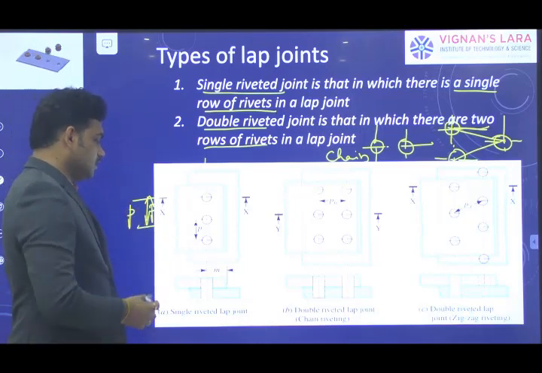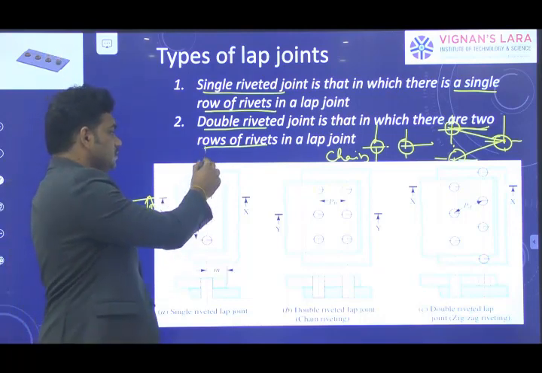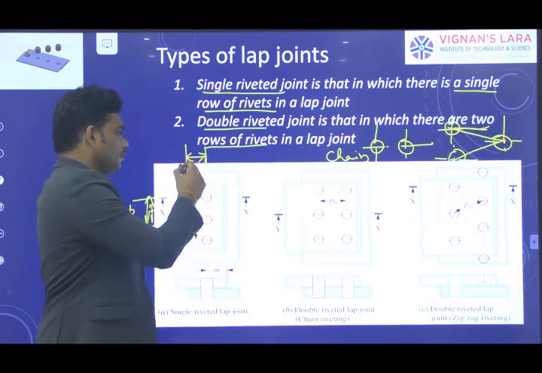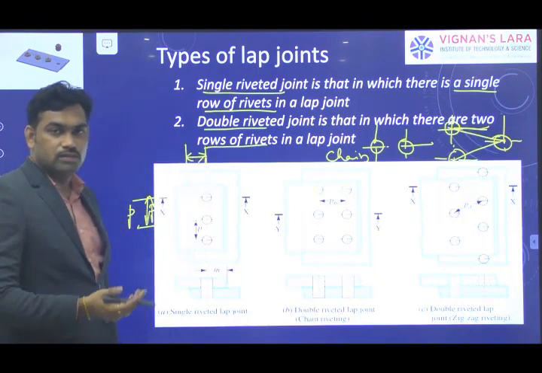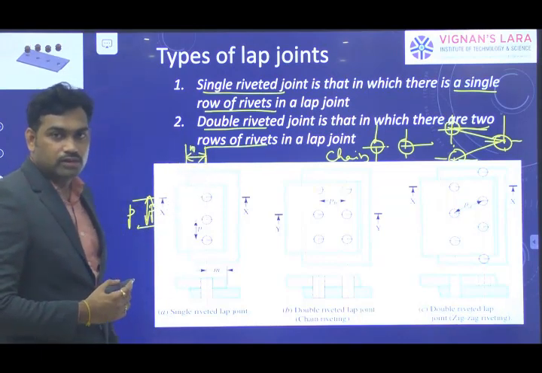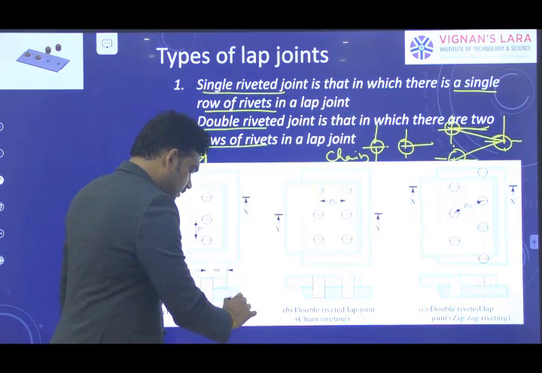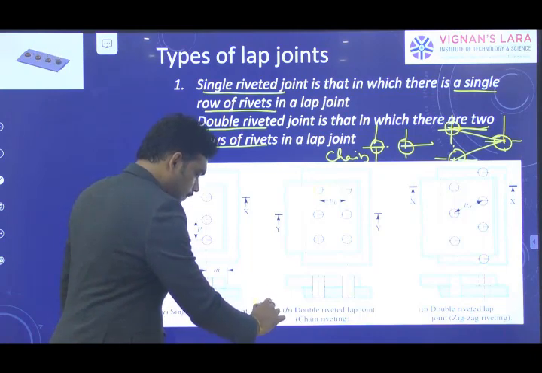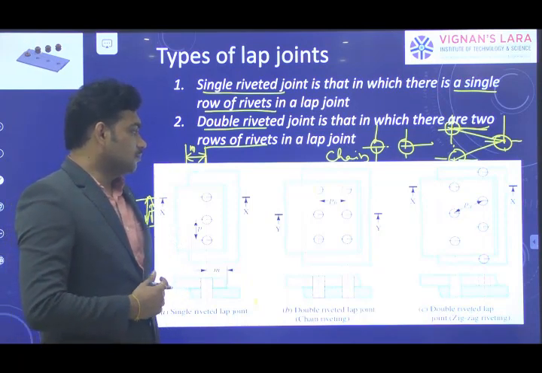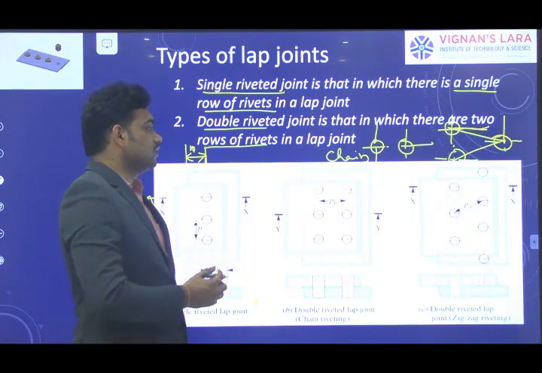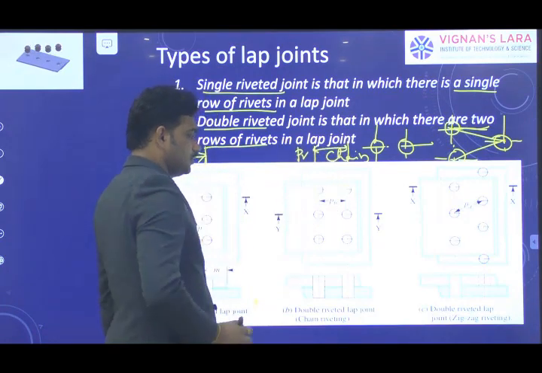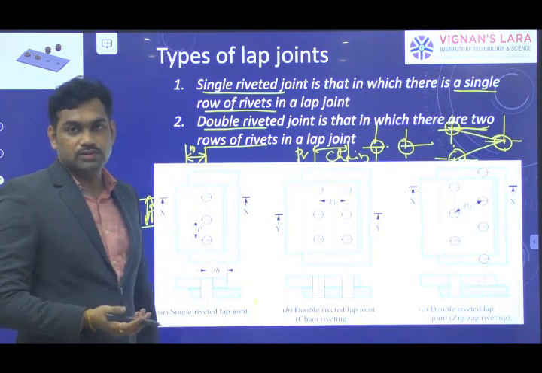The distance from the center of the rivets to the edge of the plate we call the margin, denoted by M. The diameter of the rivet is denoted by d, the thickness of the plate is denoted by small t, and the distance between the two rows is denoted by PR, called the row pitch.